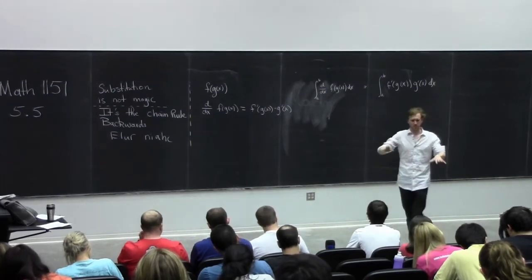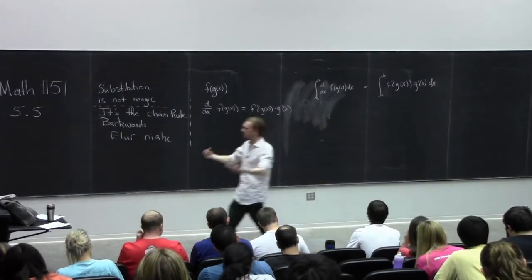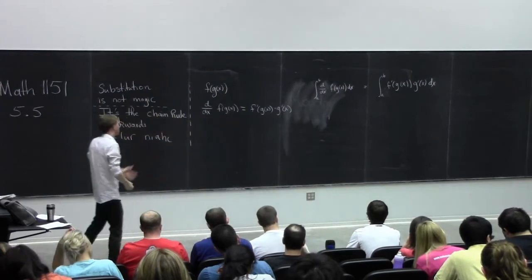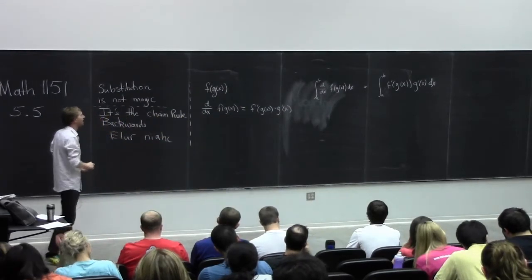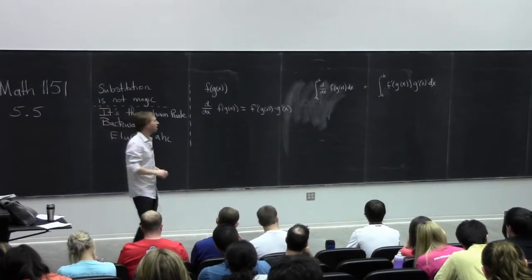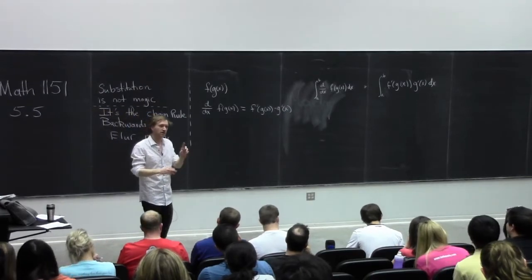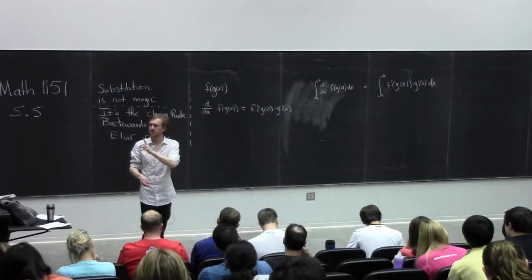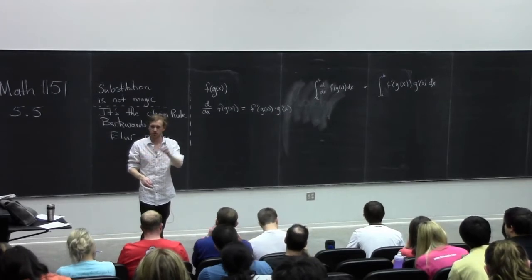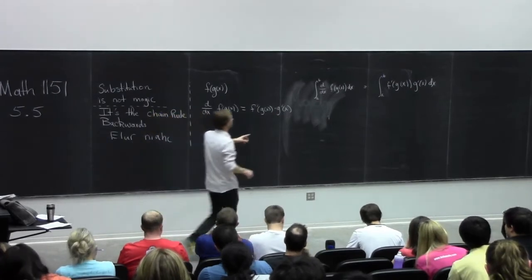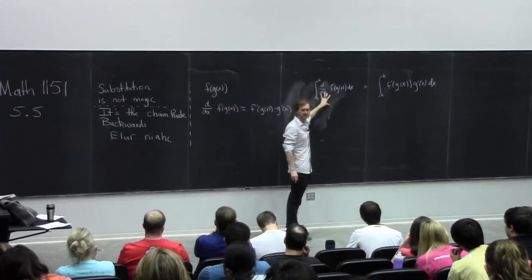I'm just integrating both sides of the equation. These things are equal. Now, you know that the integral undoes the derivative, right? And so in particular, this side's super easy, isn't it?